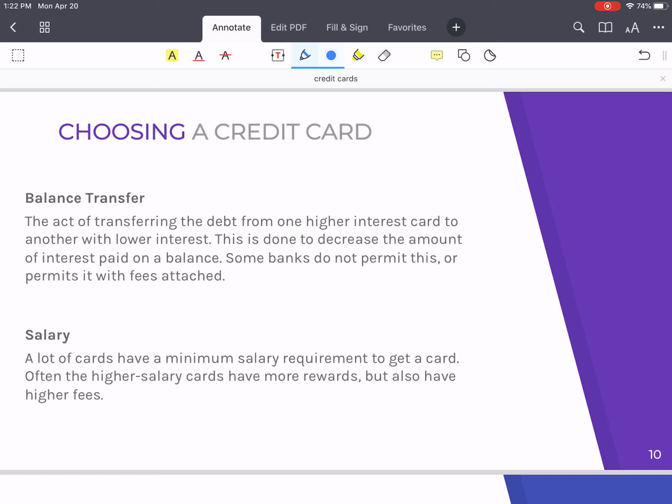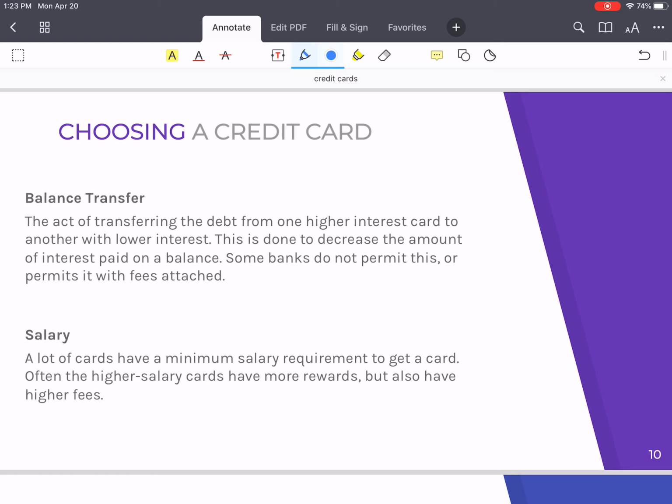Some banks allow this and some banks don't. And most of them don't allow it, especially if both cards are in the same bank. But yeah, so do they allow that?